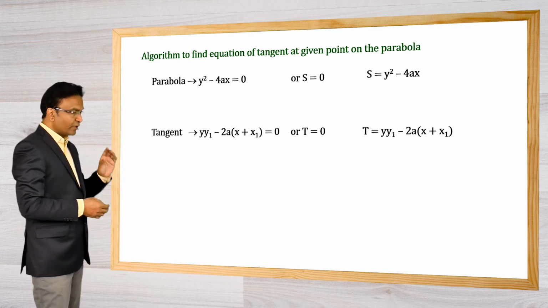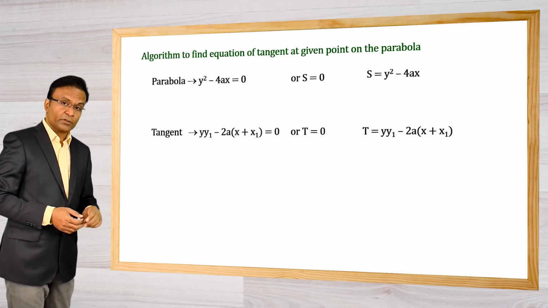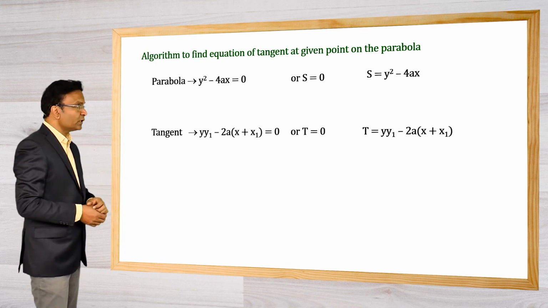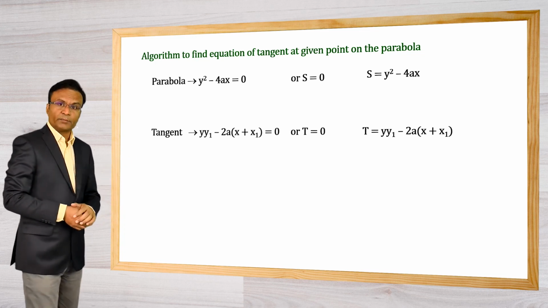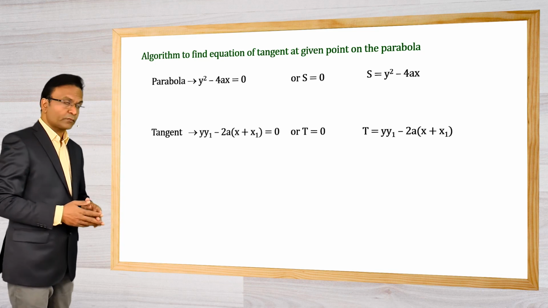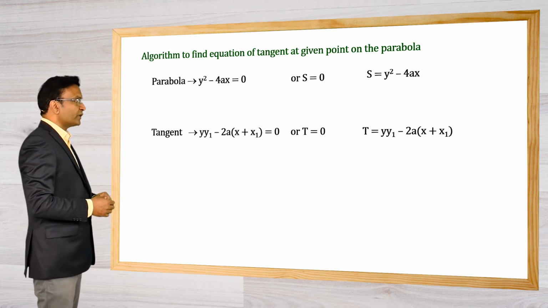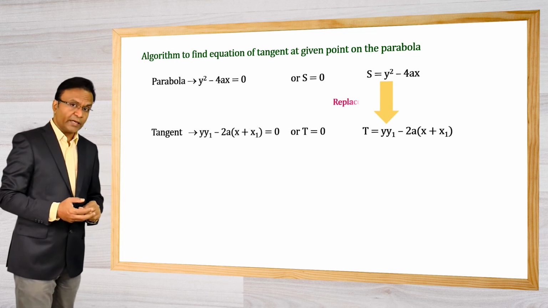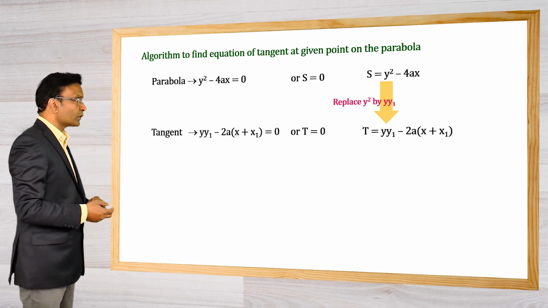Now to get the expression T from the expression S, which is in the equation of the curve, we have this mechanism or algorithm. You can compare y square with y y1. Here y square is replaced by y y1.